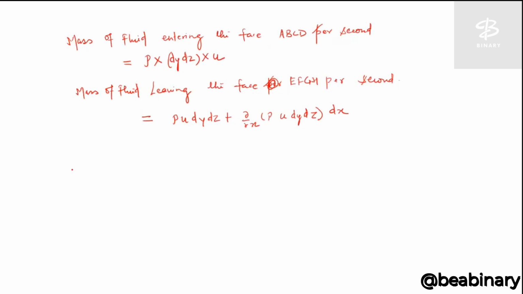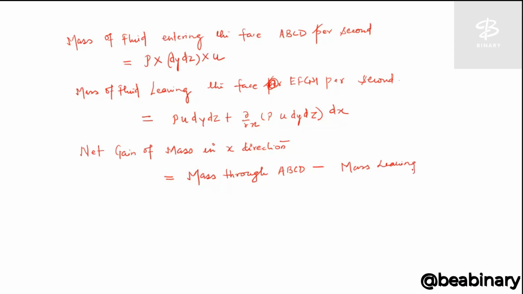And if we are calculating the net gain of mass in the x direction, we can write mass through A, B, C, D minus mass leaving the face EFGH.